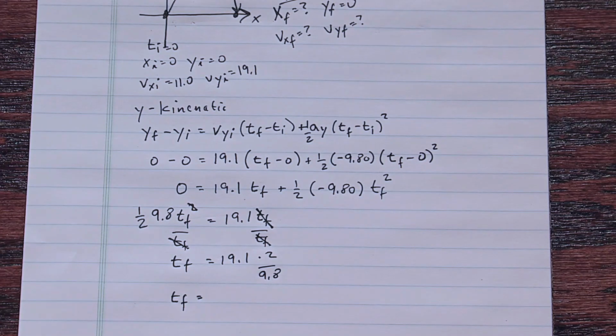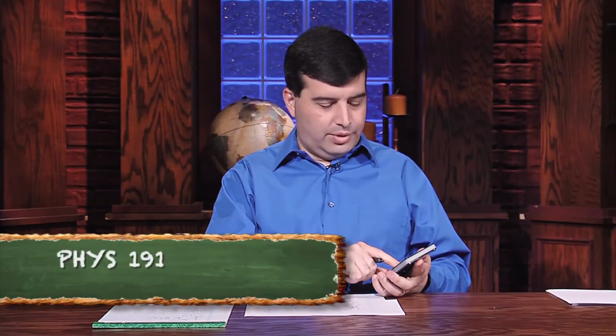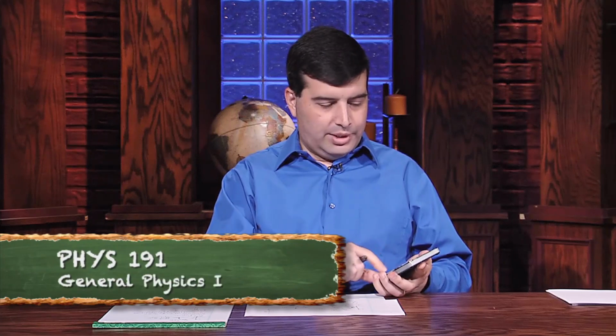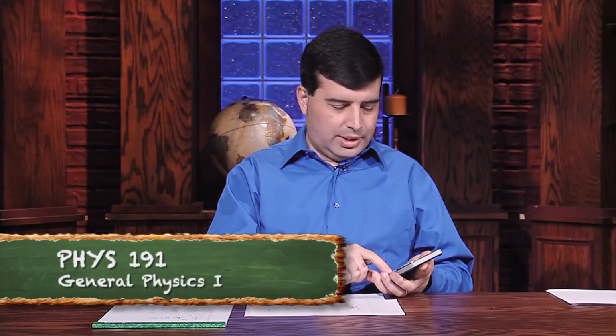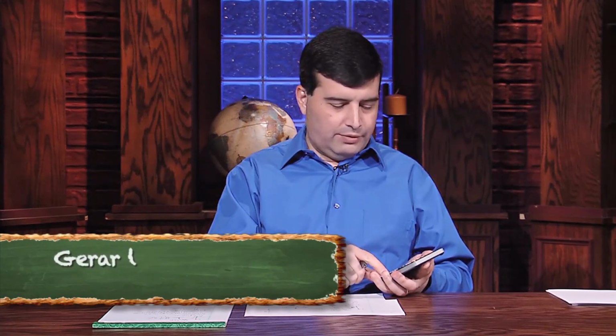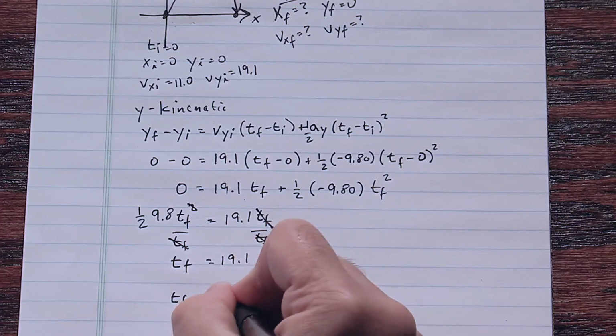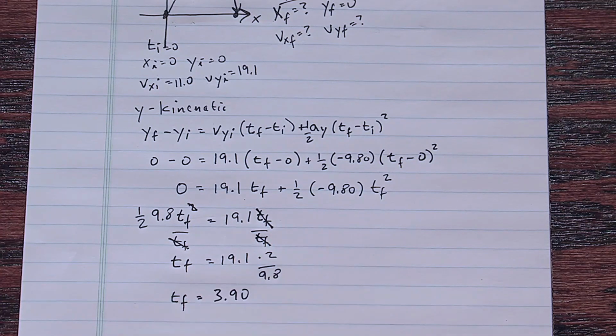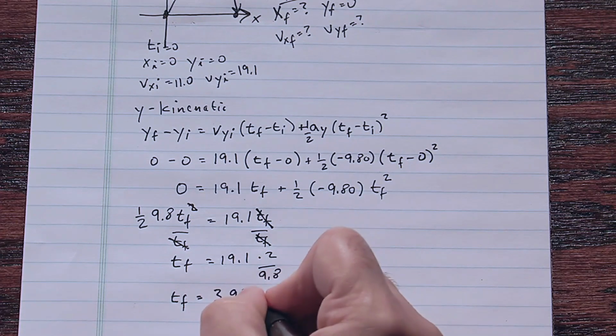T final is equal to 19.1 times 2 divided by 9.8. And that gives us 3.90, and our basic metric unit of time is seconds.